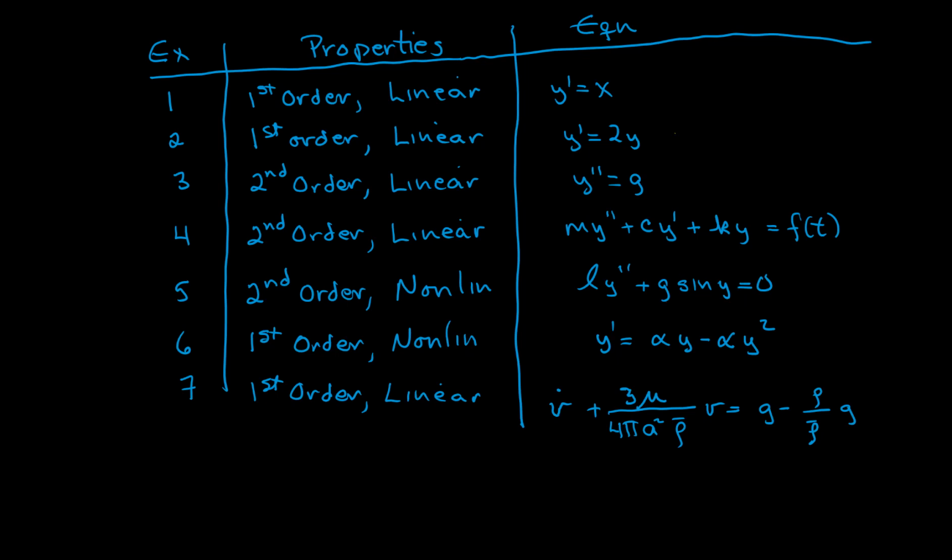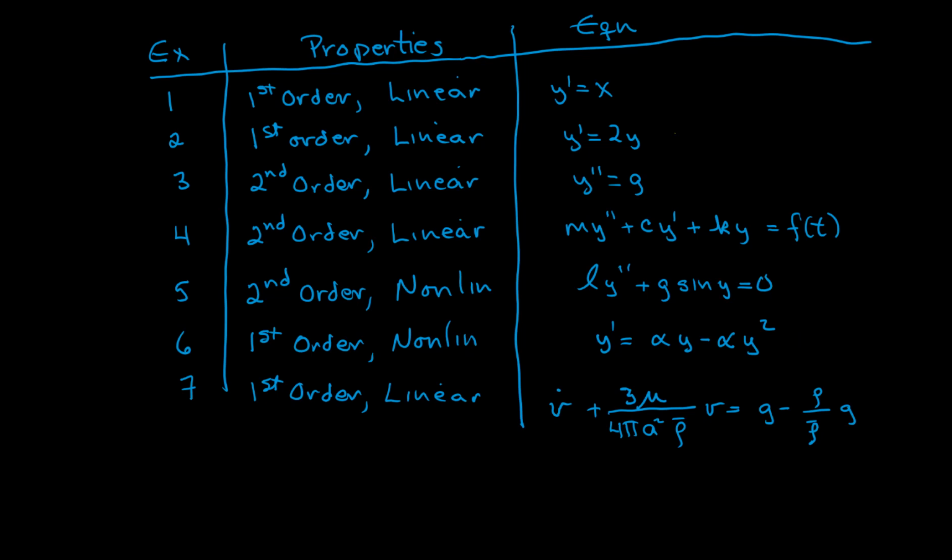So this is going to be second order because it's a second order derivative, and it's going to be non-linear because we have sine applied to our y. In example 6, you'll notice that we have a y squared. Boom, that disqualifies it from being linear. This is a non-linear equation.